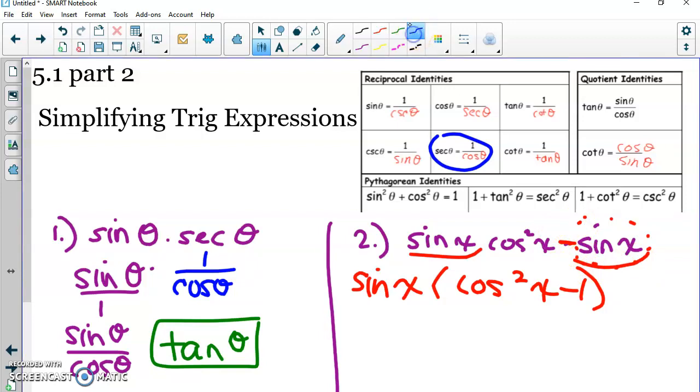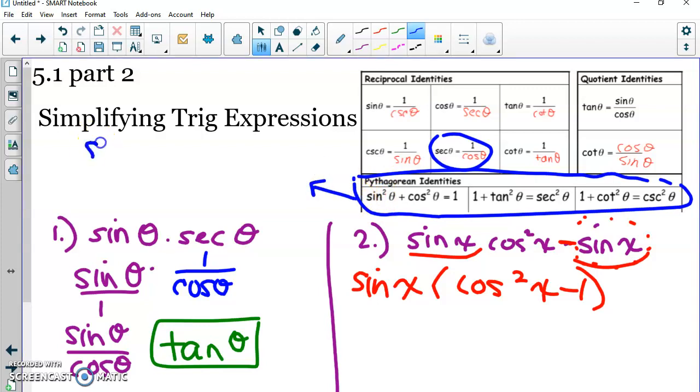Whenever you see a square, your Pythagorean identity should stand out to you. Cosine squared minus 1. That isn't a specific identity, meaning it's not the exact same written, but we can rewrite our identities by using the properties of equality. So over here, sine squared, and since our expression down here is in terms of x's, I'm just going to rewrite our identities in terms of x's. Sine squared x plus cosine squared x equals 1.